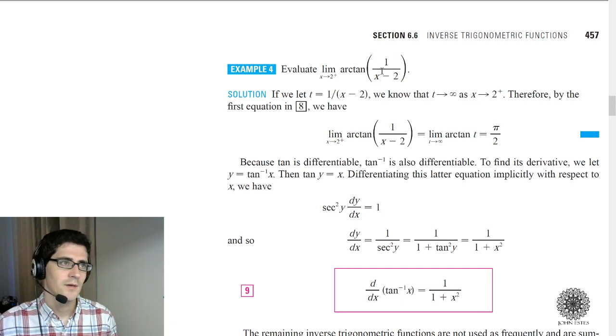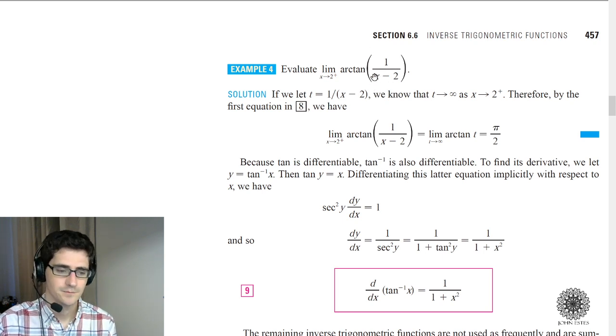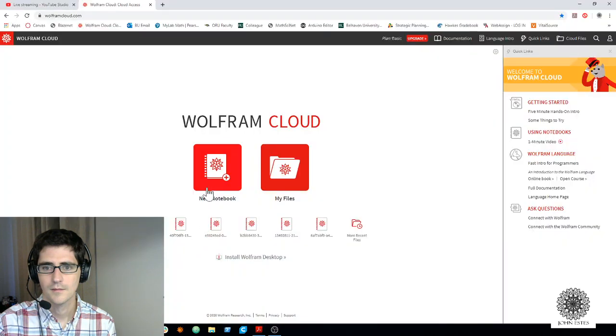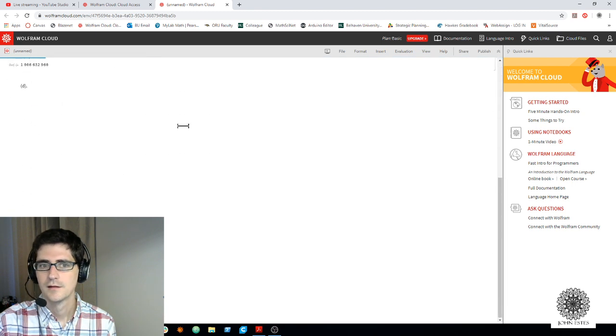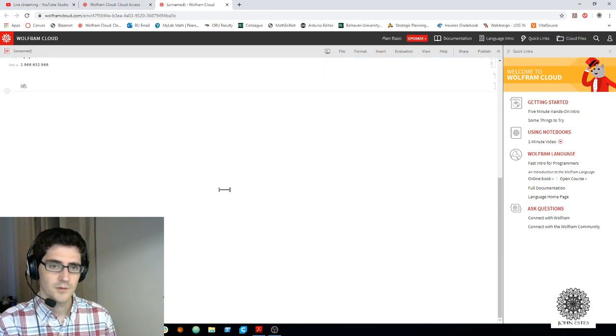Now we have to think way back to Cal 1. What do these graphs look like, this 1 over x minus 2? Why don't we pull up Wolfram Cloud, and I'll show you real quick. All right, so we want to plot 1 over x minus 2.